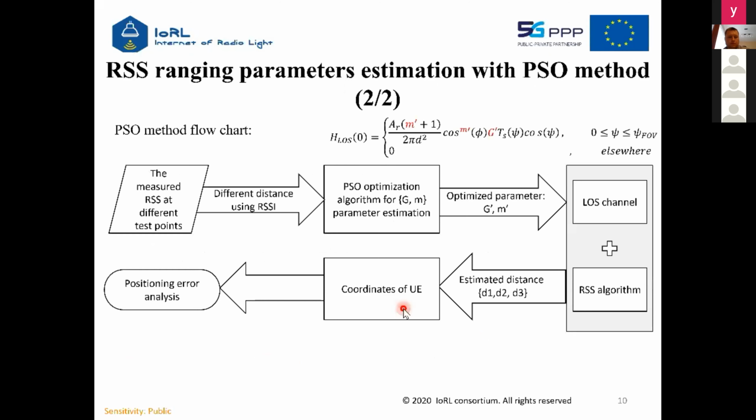As you can see here, the PSO method flowchart is detailed in this slide. The PSO inputs are the RSS measurements at different test points and the corresponding distances. The output is the optimized VLC parameters G and M. Then we can use the optimized parameters to model a new VLC loss model for the practical environment.